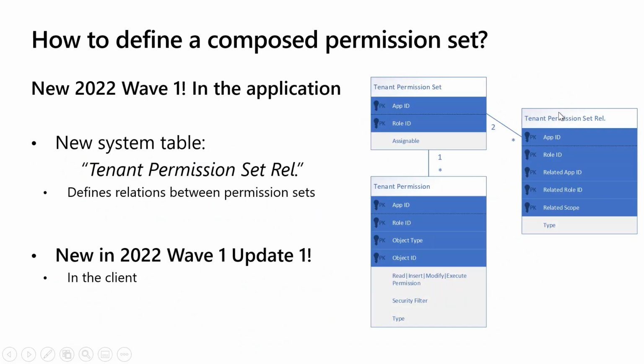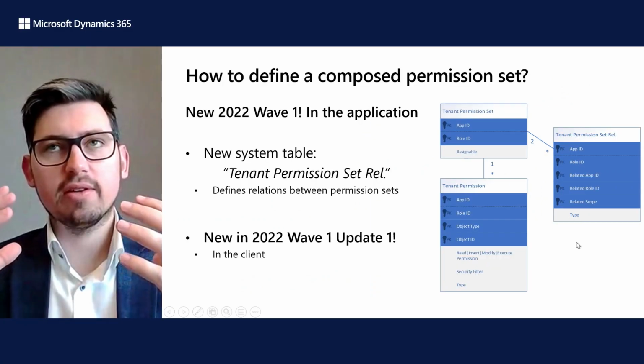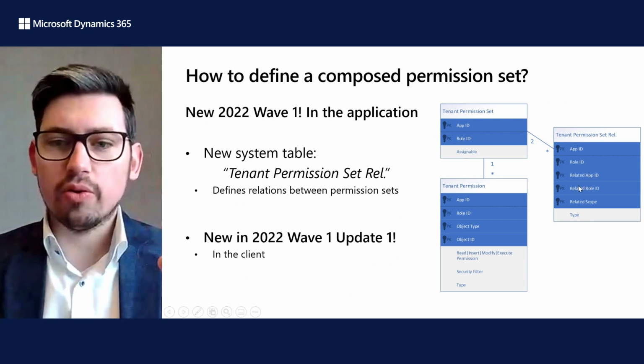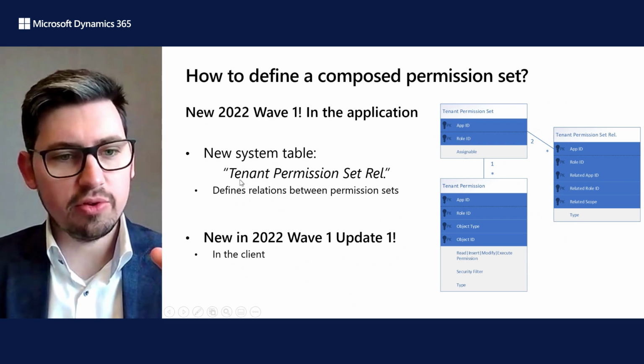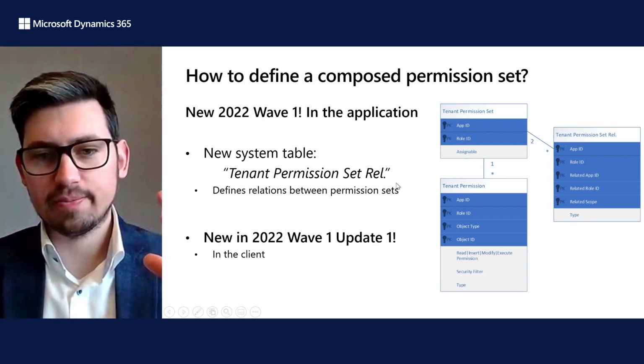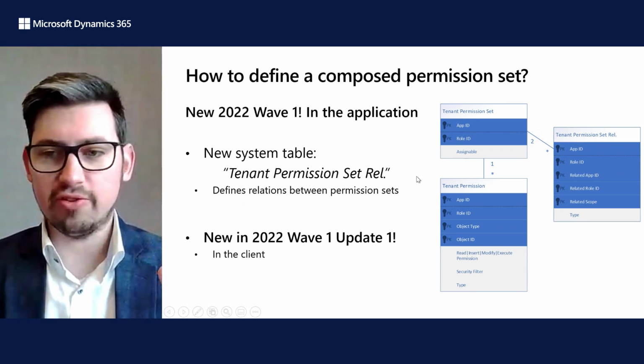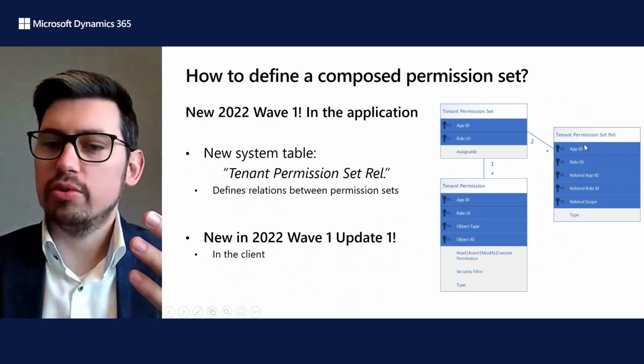But what is new in this version of Business Central is that it is possible to define inside the application these relations between permission sets. So there is a new table named Tenant Permission Set Relations, and its job is to define the relations between two permission sets. It's a simple table.